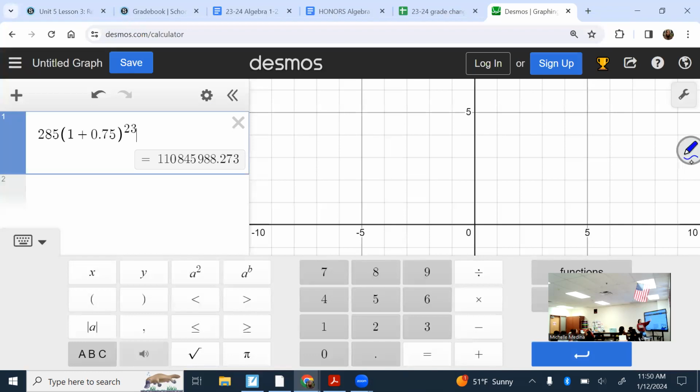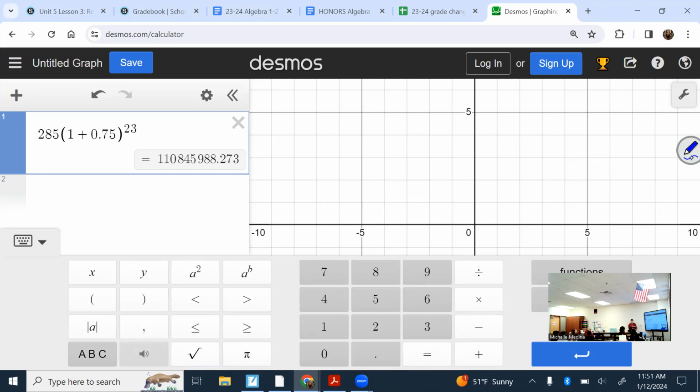If I'm doing an exponential growth function and using it to estimate stuff, even if this decimal was like 0.9, I'm still going to have my answer end in an 8. Even if my decimal was 0.9 or something like that, I wouldn't round up because the data only supports this amount.